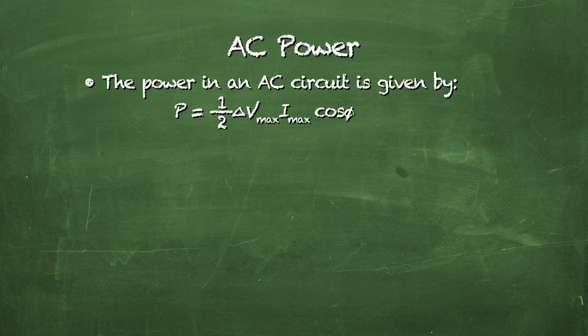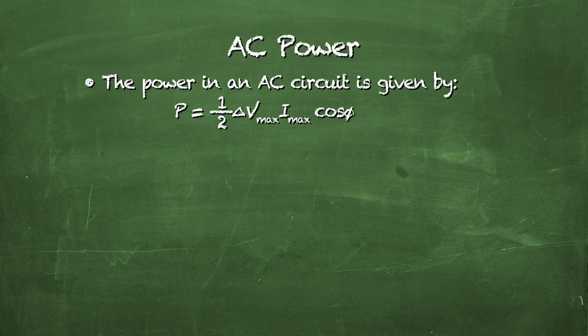Now we have a term, cosine phi, that depends on the cosine of the phase angle. What that says is that the power is greatest when the voltage and the current are in phase, when they're oscillating together, or when phi is equal to 0. So the maximum of cosine phi occurs when phi is equal to 0.